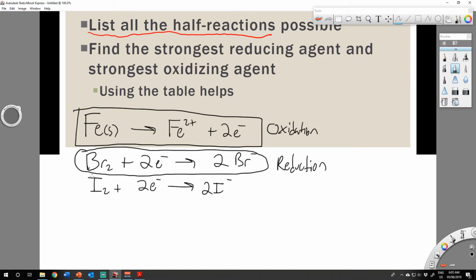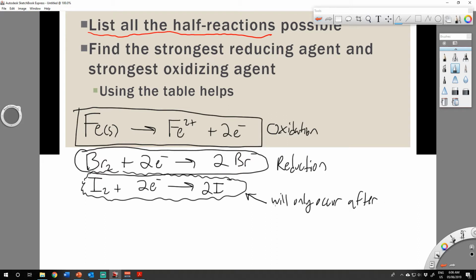Now, if at some point we run out of bromine, then the iodine reaction can fill in after the fact. So this will only occur after the bromine runs out.